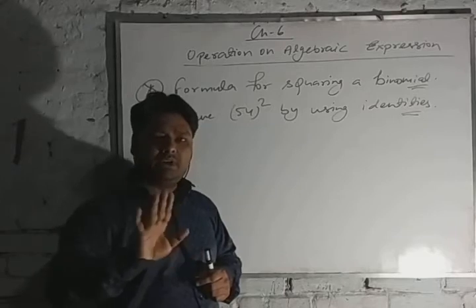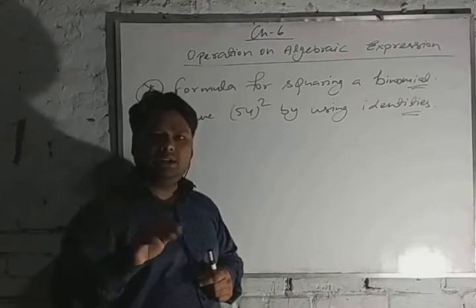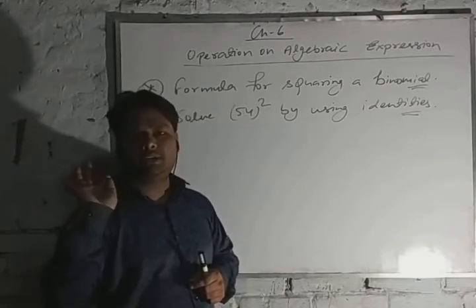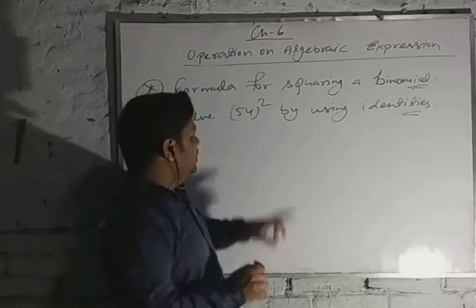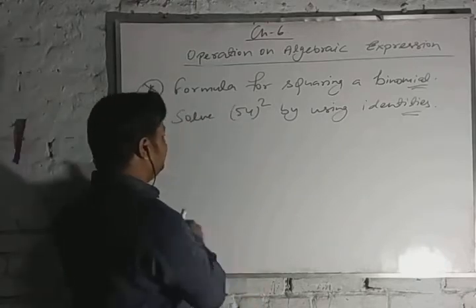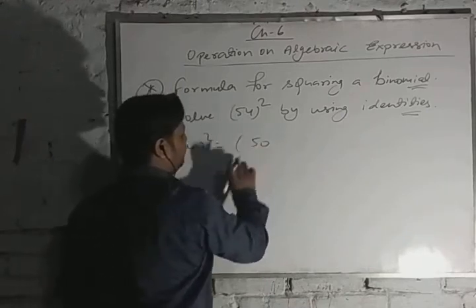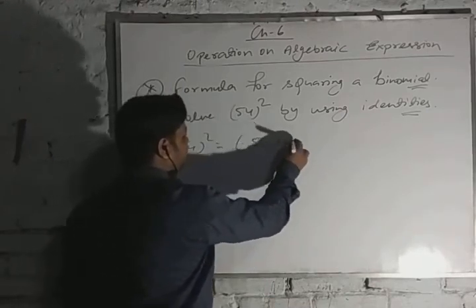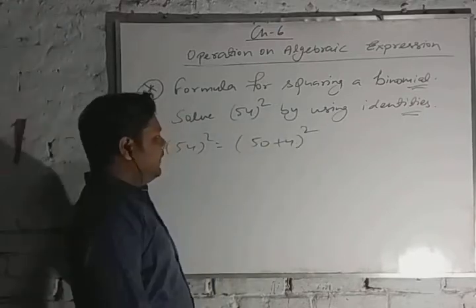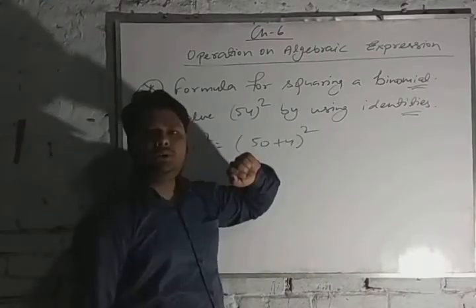That is, after any number there should be 0. It is necessary. Okay, that is 54 is nearly equal to 50, and after that plus 4 we can write. That is 50 plus 4 to the whole square.